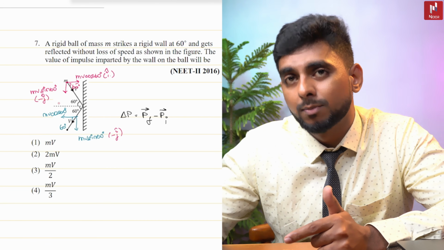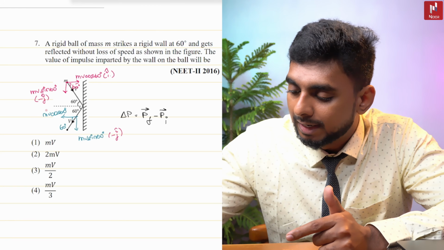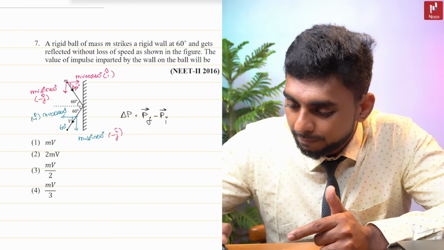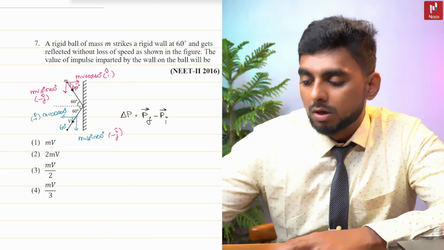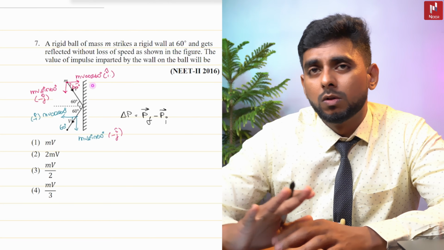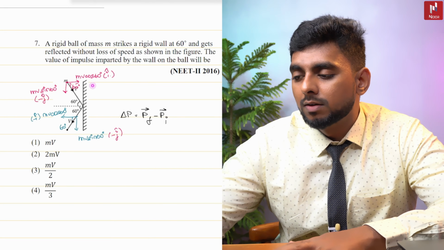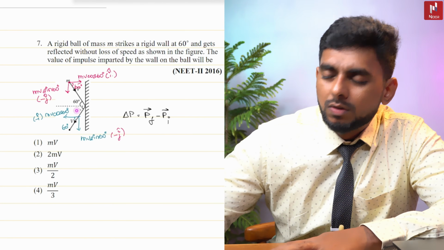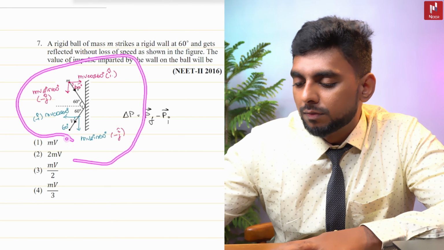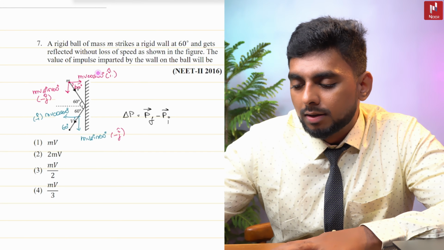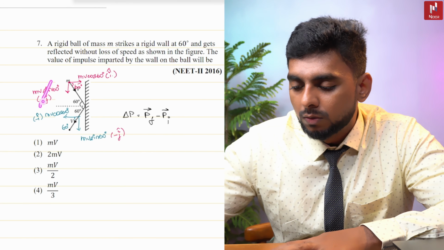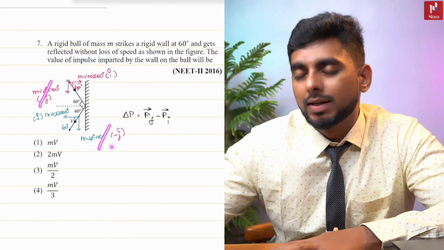The initial was positive, so this should be negative, so this component will be minus i cap. Now I've got all the vector components that are needed. I'll have to subtract the final vector minus the initial vector. It seems pretty obvious that the y component will get cancelled out because I'm just going to subtract it. These two are in the same direction, therefore those two things will get cancelled out.